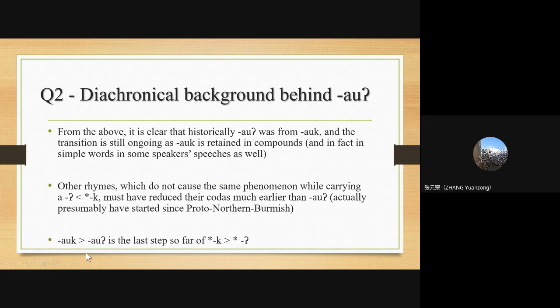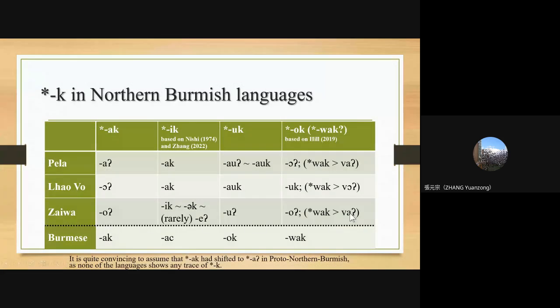So the sound change to owl is the last step of the sound change of ga coda to a. In Northern Burmish languages, the rhymes which had ga coda become a in modern languages.